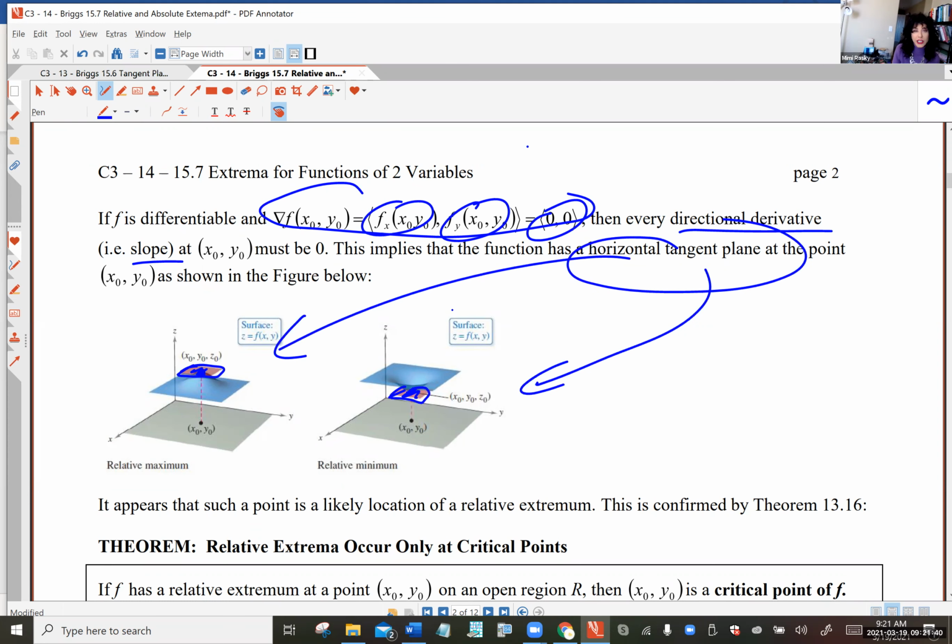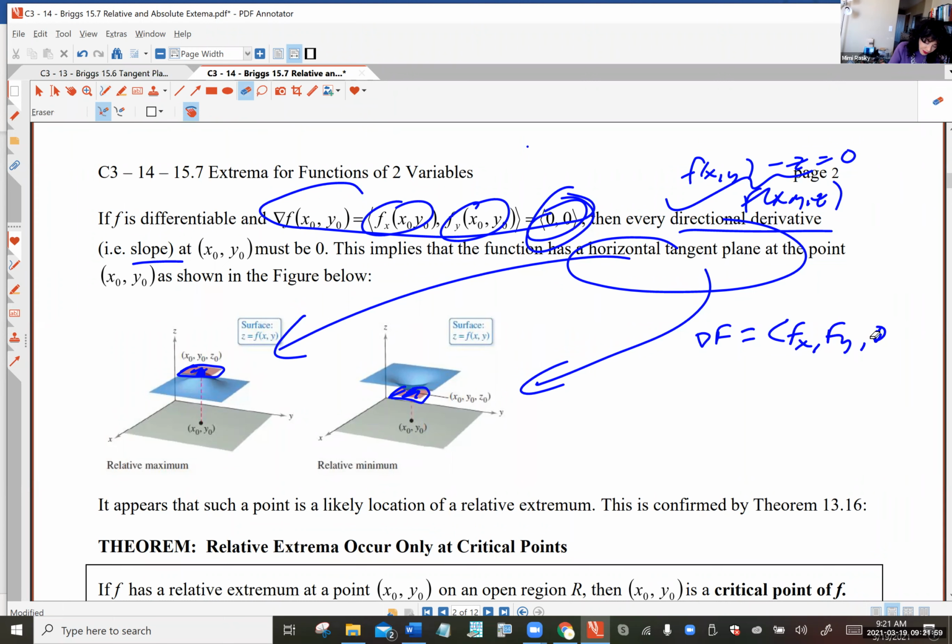Now, what is the equation for a horizontal tangent plane? Well, remember that if you got everything on one side and zero on the other, like I like you to do, and you've got a function of 3 variables, your normal vector is going to be the gradient of big F. And the gradient of big F, if you have a function of little f, will have this, and this will be either 1 or -1, in this case, -1.